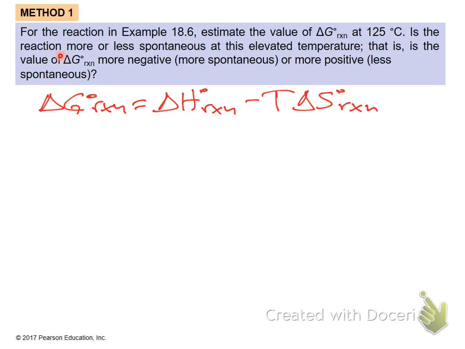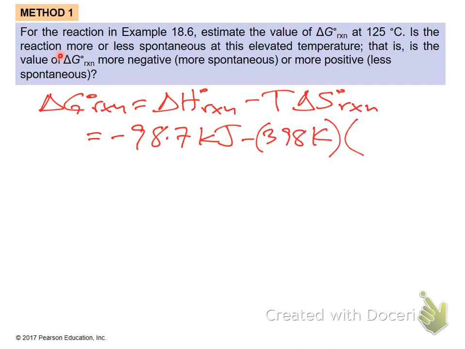What was the value that we got earlier for delta H of reaction? Earlier we got negative 98.7 kilojoules. And then we're going to plug in 125 degrees Celsius for temperature in kelvins. That's 125 plus 273, so we have 398 kelvins.